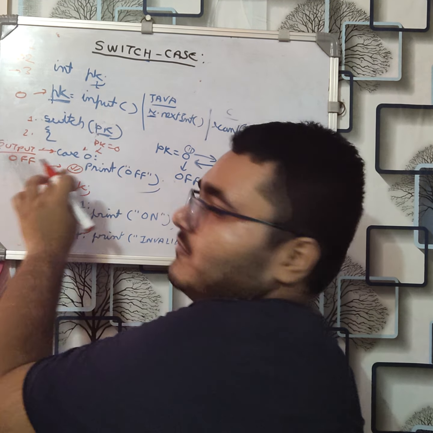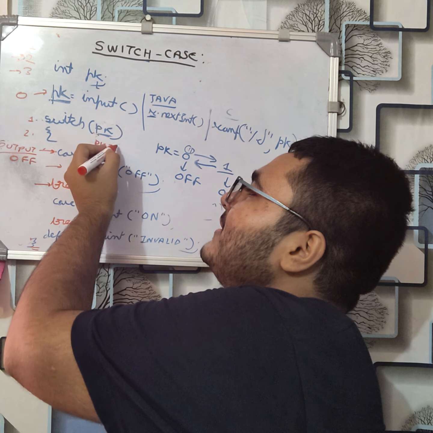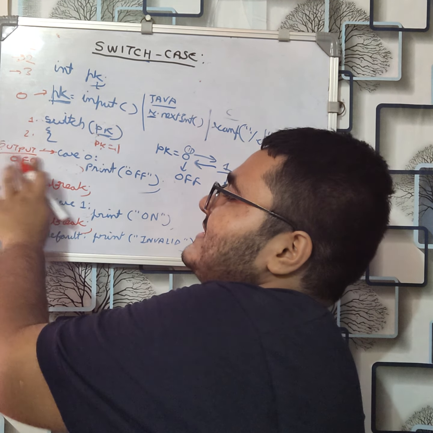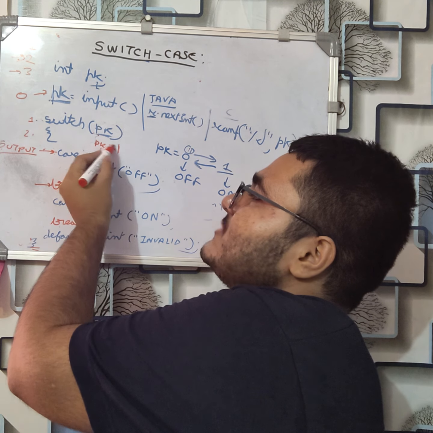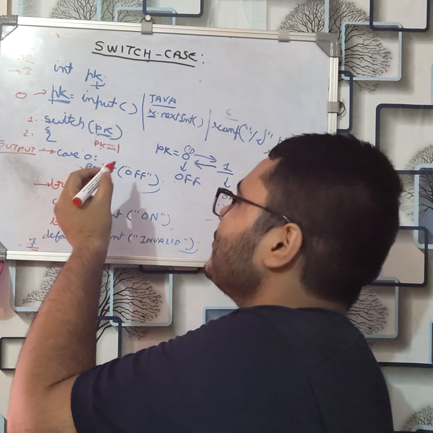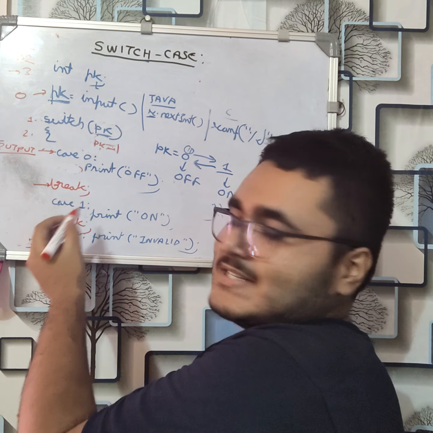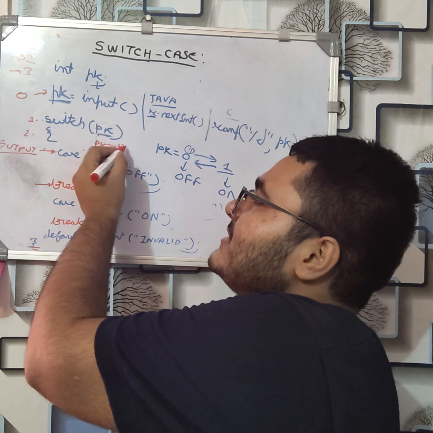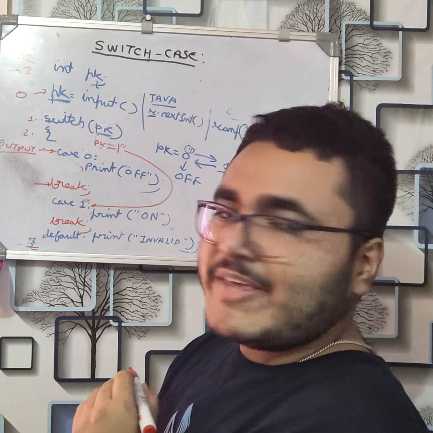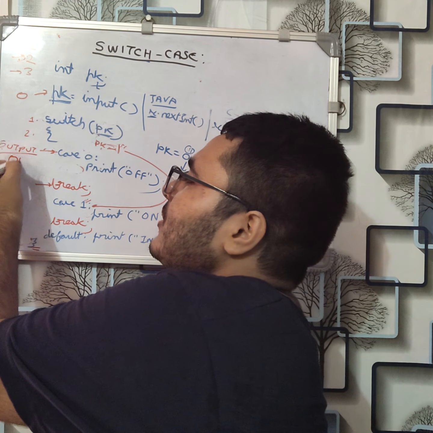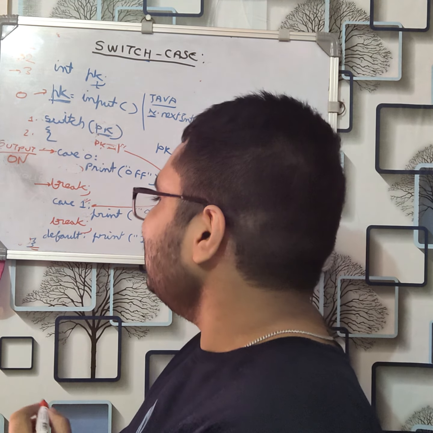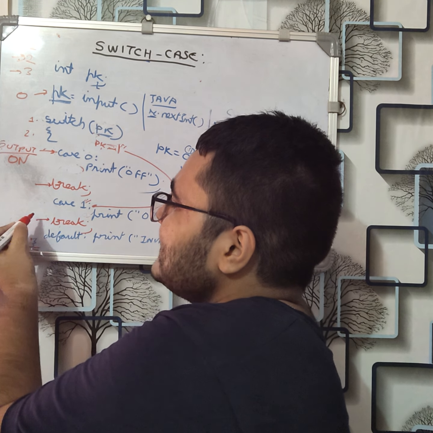And say suppose the value of pk is 1, so is it matching with case 0? Pk is 1, so case 0 is not equal to 1, so not matched. Case 1, yes, 1 is matched with 1, therefore execute case 1. Case 1 means on is printed, and then again the break statement is hit.